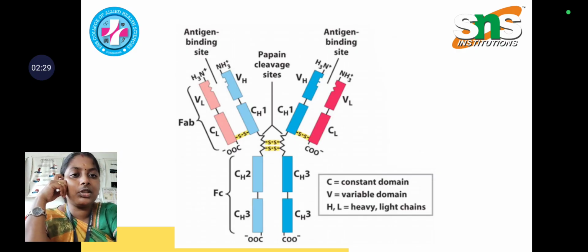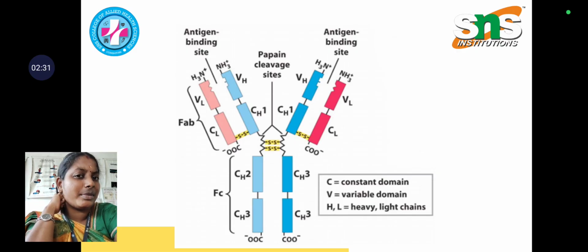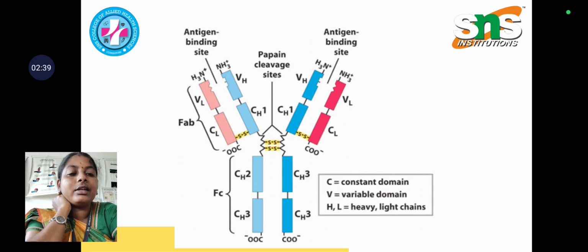So coming to the structure, this is the common Y-shaped structure. As we told already, it has the H chain, that is the heavy chain, and the L chain, the light chain. On the left side we have the NH3 terminus, that is the N terminus, and on the other side is the C terminus, that is the carboxyl terminus.